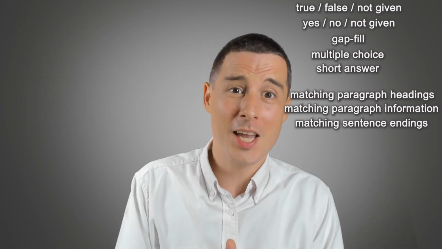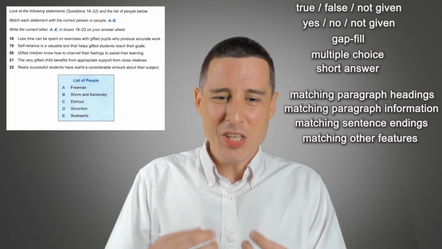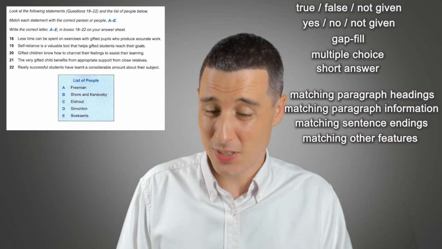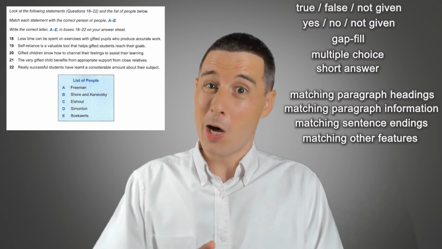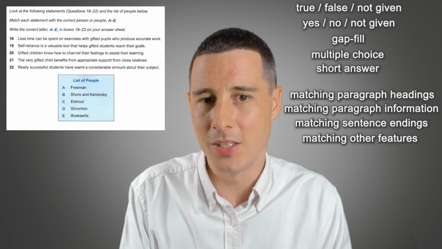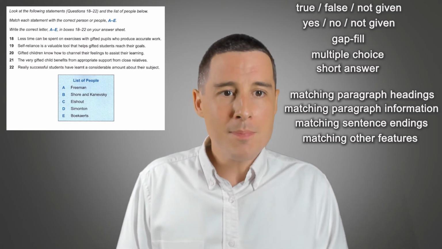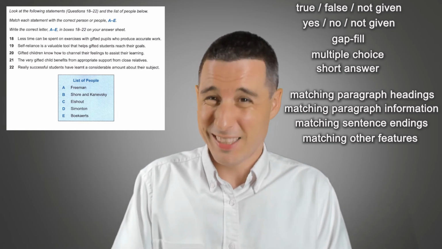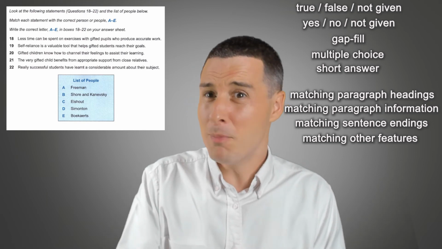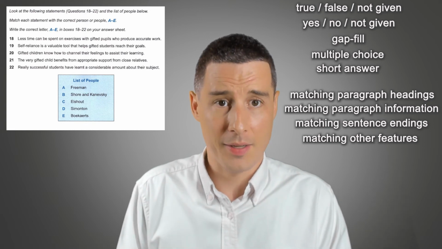Now, the final type of question is matching other features. So again, another matching task, but they're going to give you some statements that give either maybe some opinions or maybe facts or findings, very often opinions, and then you're going to be matching them with maybe a person, and most often it is a person, or it could be a period of time or some other feature, but you're matching these things together.